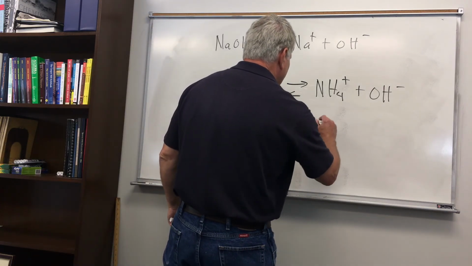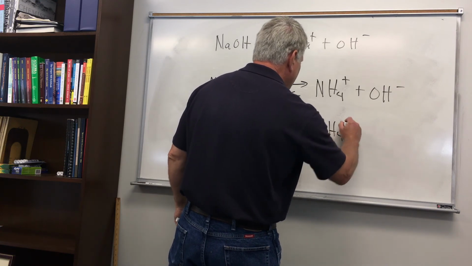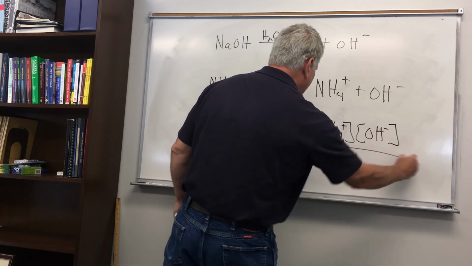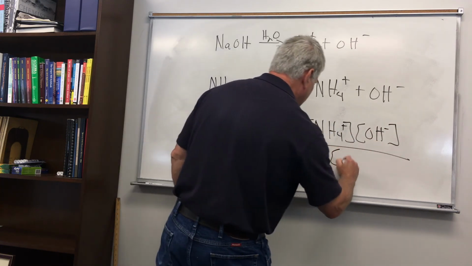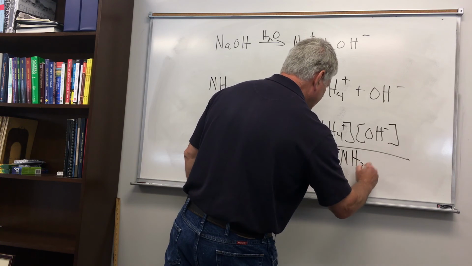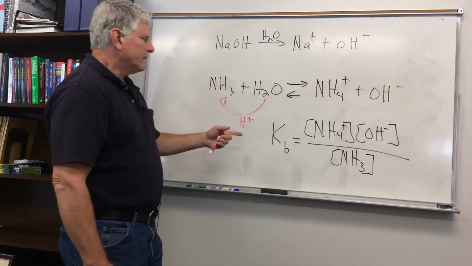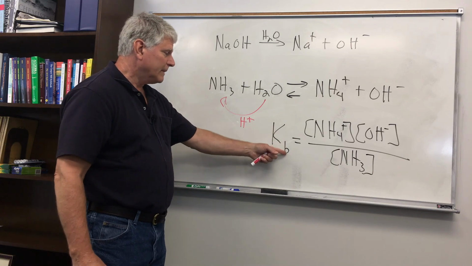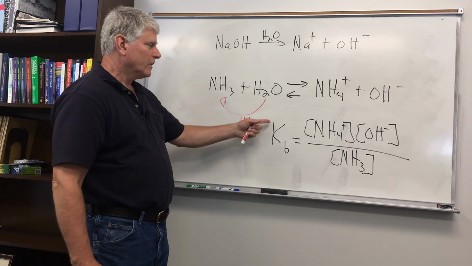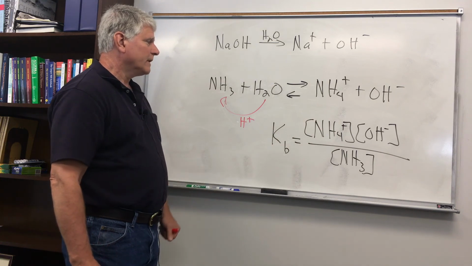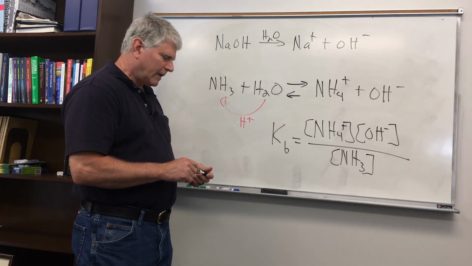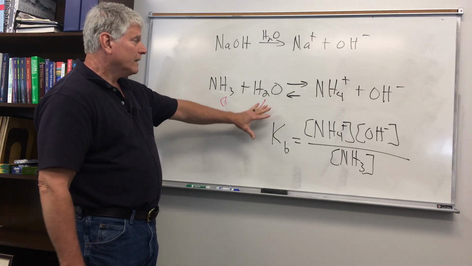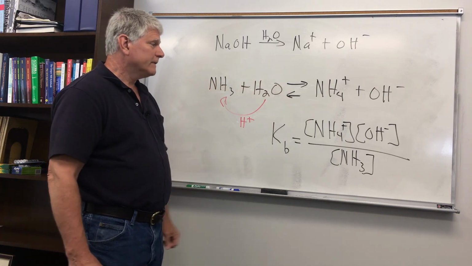And so this equilibrium constant will be the products divided by the reactant concentration, and this is the equilibrium constant for a weak base. So we have our equilibrium expression. So we can do all the equilibrium calculations that we are familiar with from the last chapter on equilibrium with acids and bases.